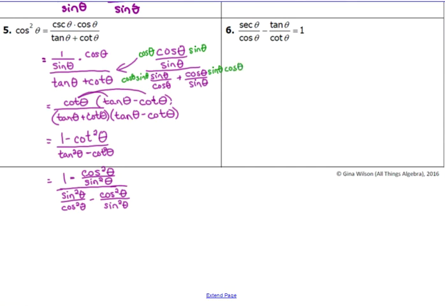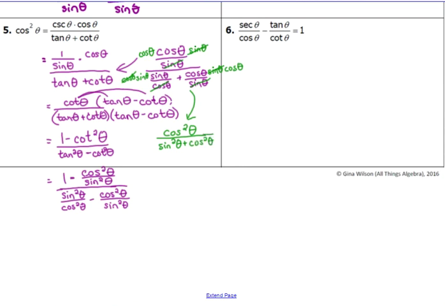We didn't do it with trig at the time, but we did it with variable expressions. So in that first one, the sines cancel, so cosine times cosine is cosine squared. Here, the cosines cancel, so sine times sine is sine squared. The sines cancel, cosine times cosine is cosine squared.